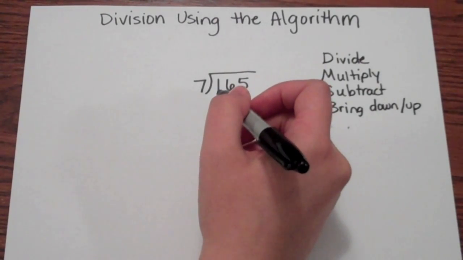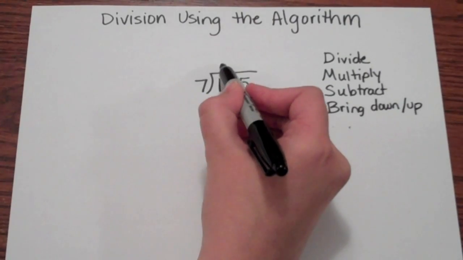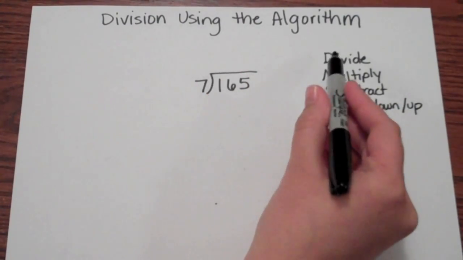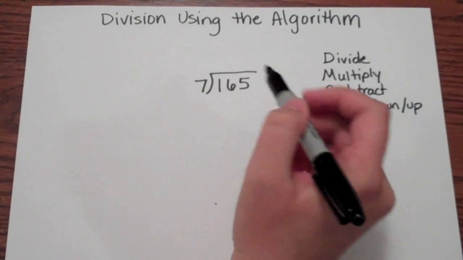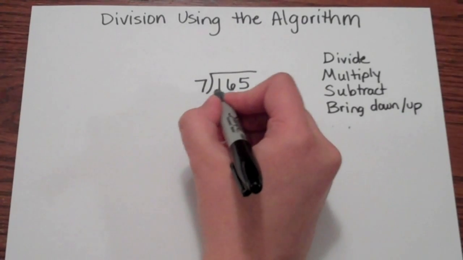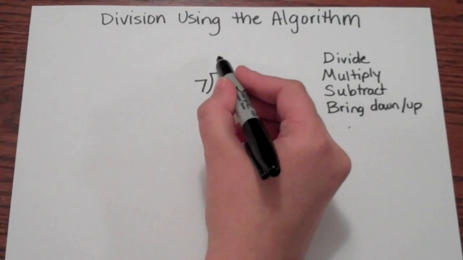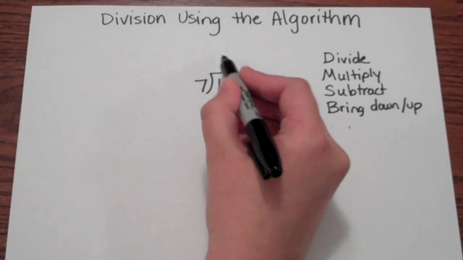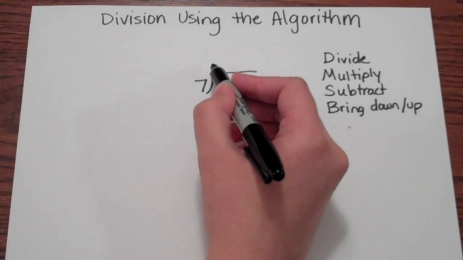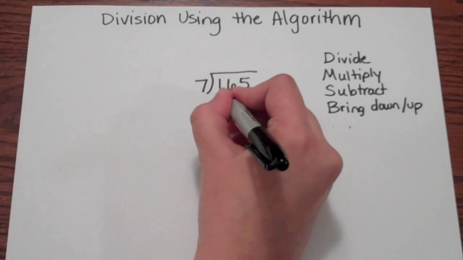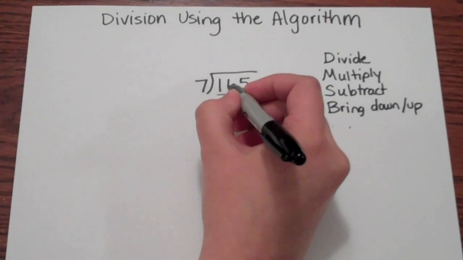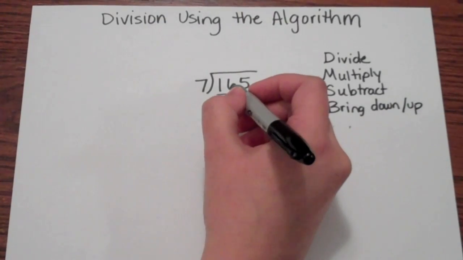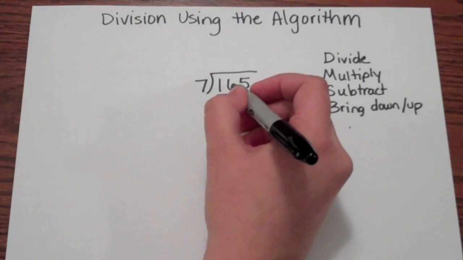Now, in the previous example, I just wrote a 0 above this number and continued the rest of my steps. However, since this is the greatest place value, it doesn't matter if we put a 0 in front of the number, it won't change the number. So let's just go ahead and start in the next greatest place value, which in this case is the tens.